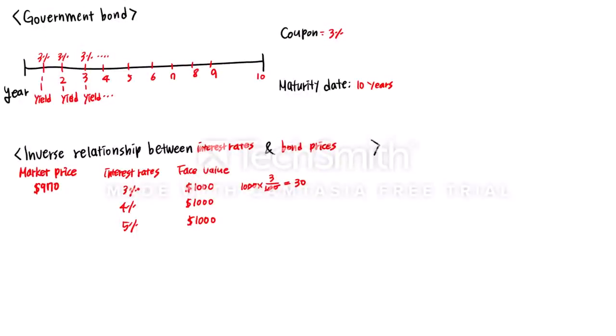In the same way, it should be $960 to reach the face value of $1,000 with 4% interest rates, and then $950 market price to reach face value of $1,000 with interest rate 5%.